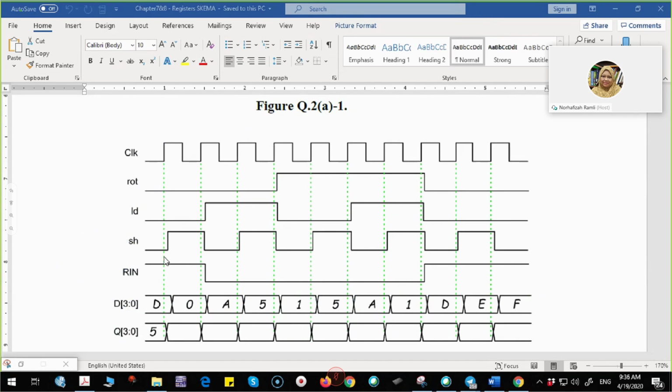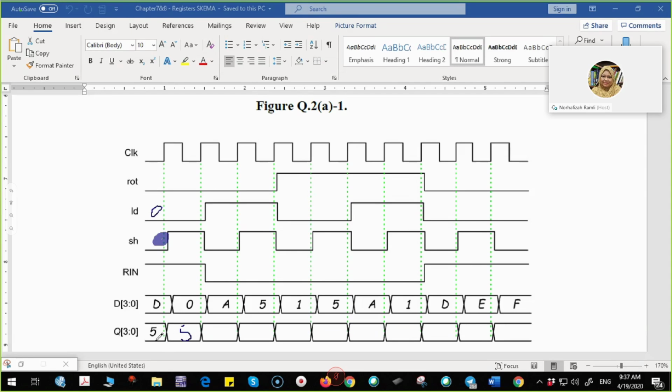So as long as here is load, let's see number 1. Number 1 here is 0. If it's 0, what happened? Just now we already established that 0 0 means no change. That's why this one is 5.